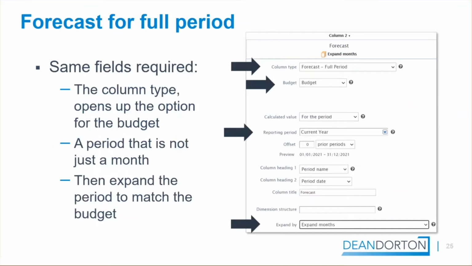So the column type opens up the option for the budget, which you see here right underneath that. You need a period that is not just a month, can't be just 1 month, and then expand the period to match the budget. So if you're budgeting by month, expand it to months. If you're budgeting by quarter, you would expand it to quarters.